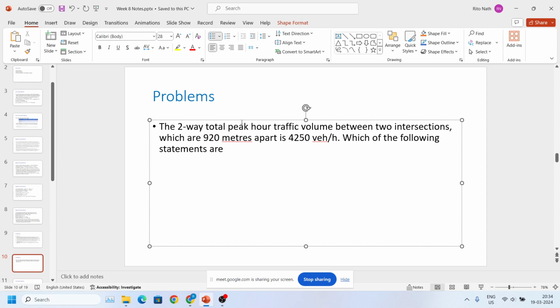Which of the following statements are correct with respect to the coupling index?